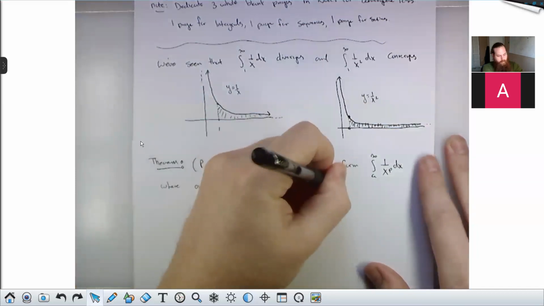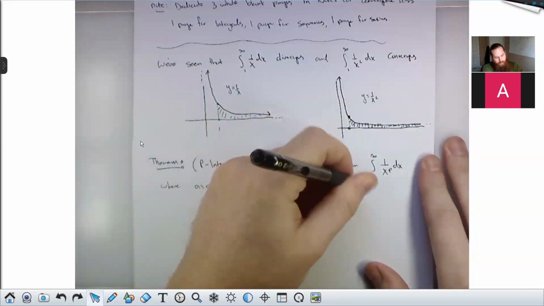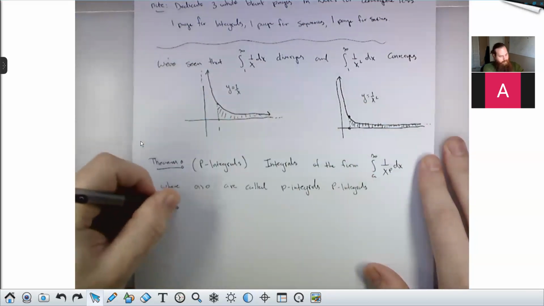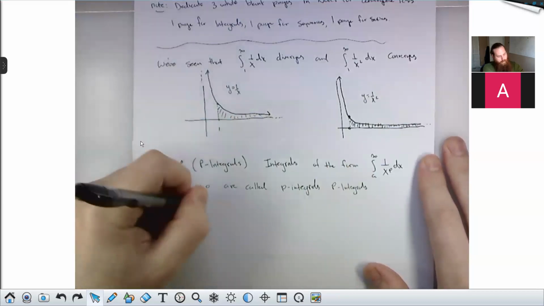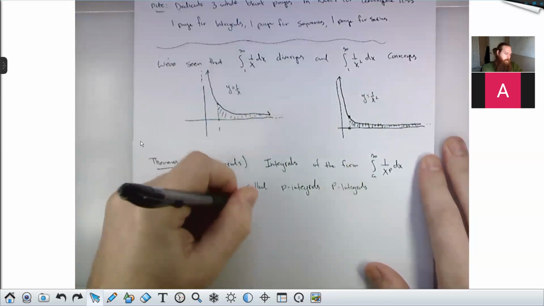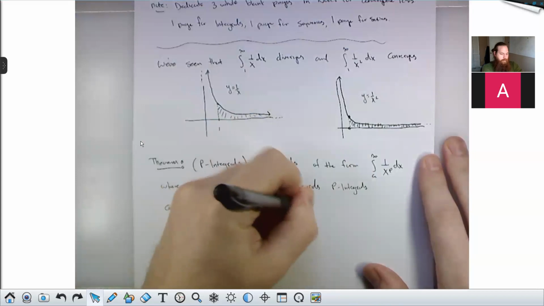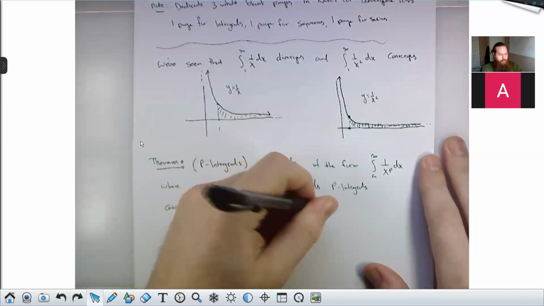And the result says that P integrals converge if P is bigger than 1 and diverge if P is less than or equal to 1.